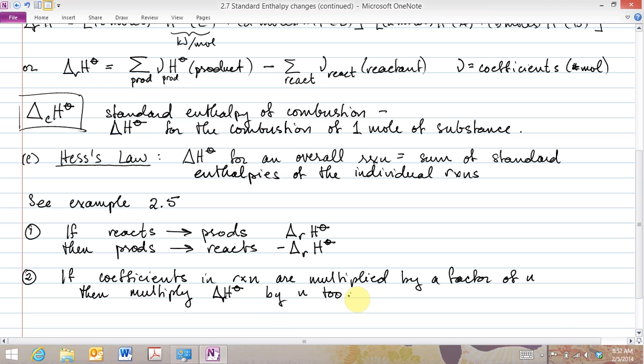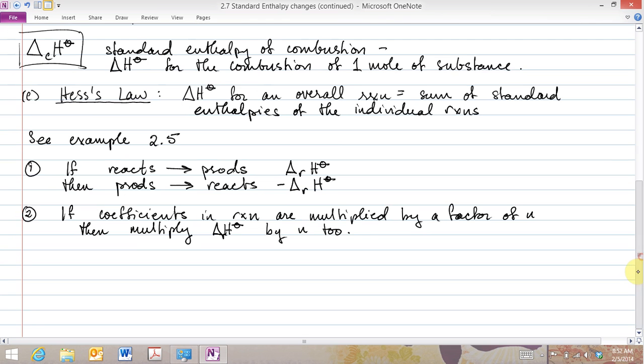I'm not saying that n needs to be an integer. It can be a fraction. But if you're going to multiply the entire chemical equation by that factor, you must multiply the accompanying standard enthalpy by that factor as well.